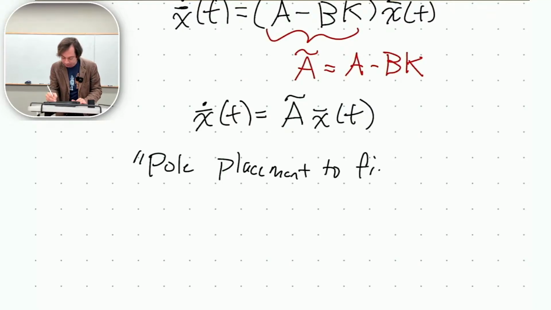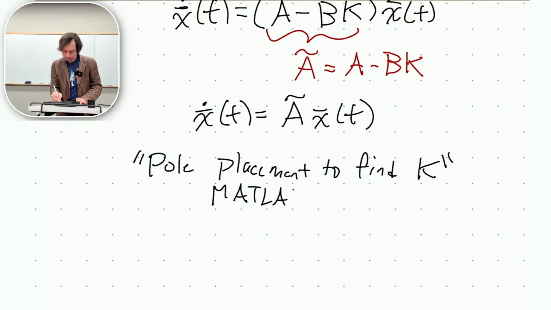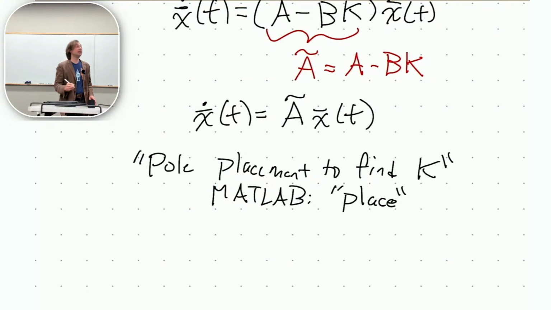to find k automatically. In fact, in MATLAB, the command is called place. Oh, isn't that nice? In the control systems toolbox. There are some conditions. The system has to be what we call controllable. And that means something a little bit intuitive, meaning that, let's just say, there are no actuators on the system.